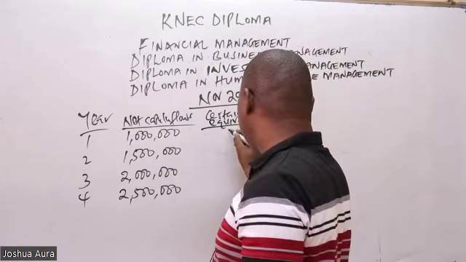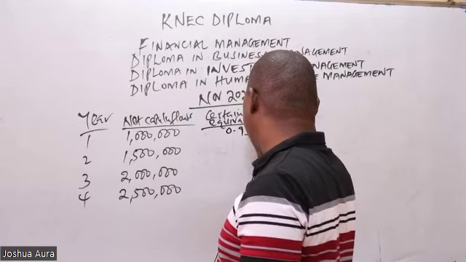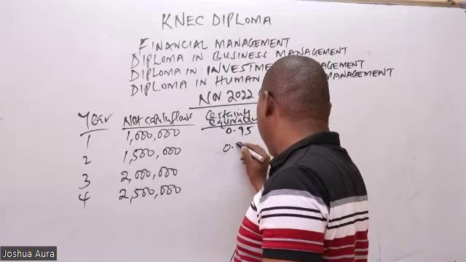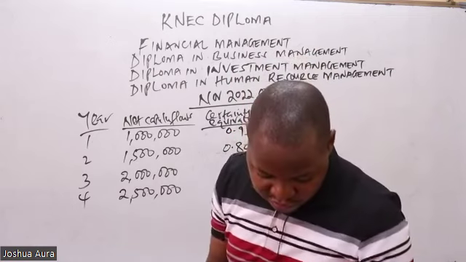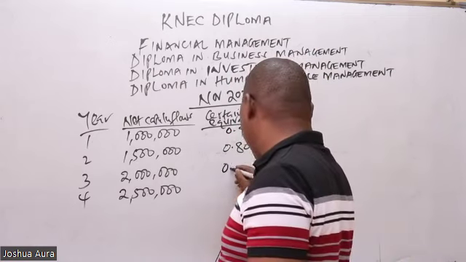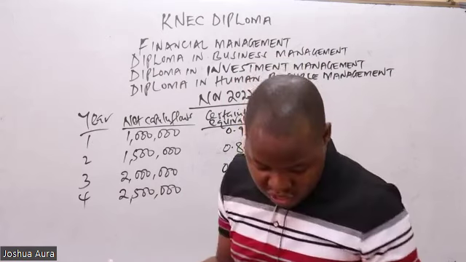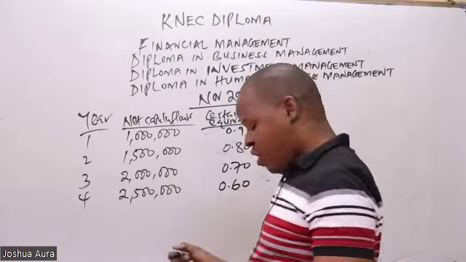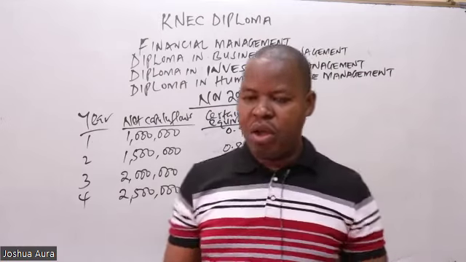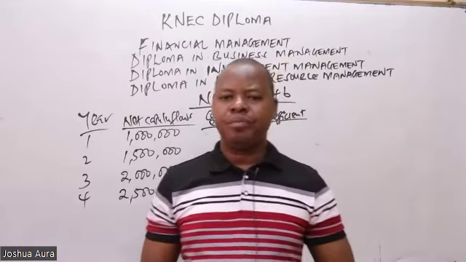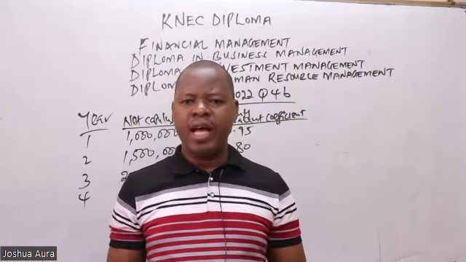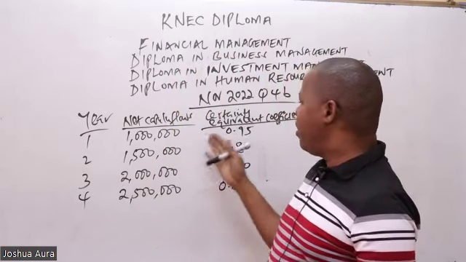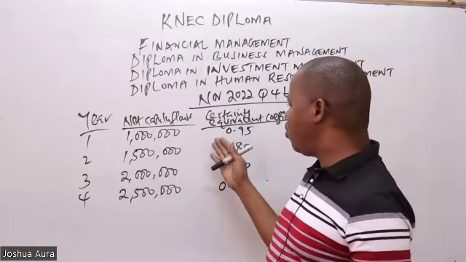That is, for year 1 is 0.95, for year 2 is 0.80, for year 3 is 0.70, and for year 4 is 0.60.